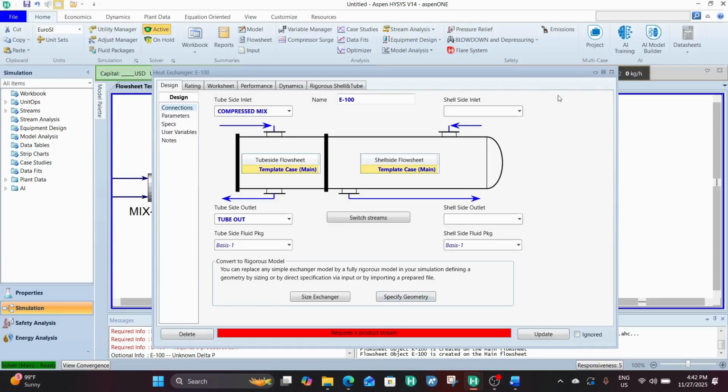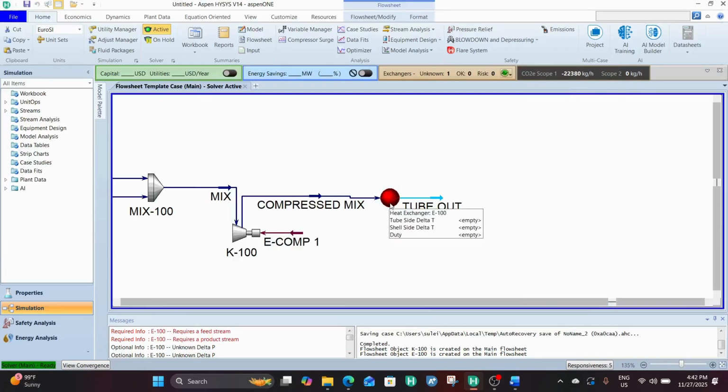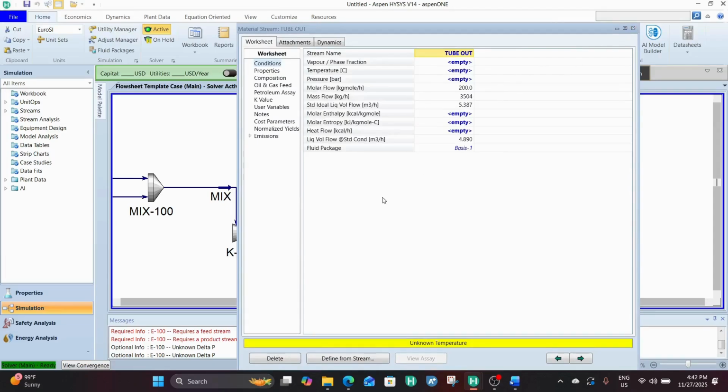I know we have a red message. It requires a feed stream with respect to the shell side. So now I think we could just let that be. The stream is still empty because it's still sky blue.